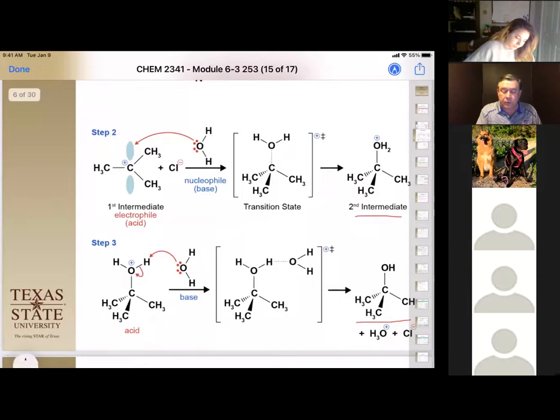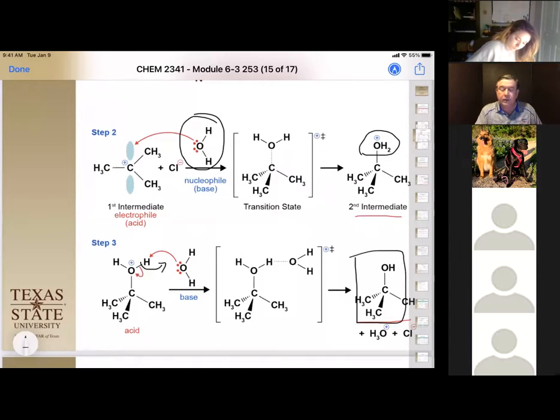Notice that water was one of our poor nucleophiles here because all it had was lone pairs. It didn't have a charge. But now that we have a charge on the carbon, it makes it easier for it to react to give us our protonated intermediate here, which then has to lose a proton to become the neutral final product. So that's another advantage of the Sn1 reaction. We can actually make things with poor nucleophiles that we couldn't make with an Sn2 reaction.